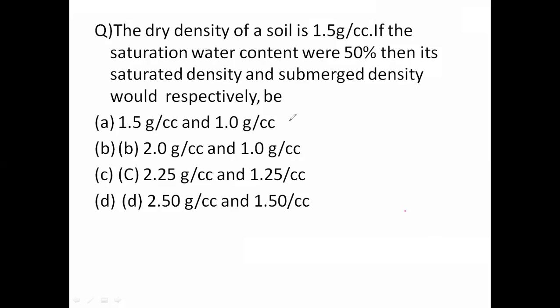In the problem, the dry density of the soil is given as 1.5 gram per cc. And they also give the saturation water content, that is 50%. Since it is saturation, Sr is equal to 1.